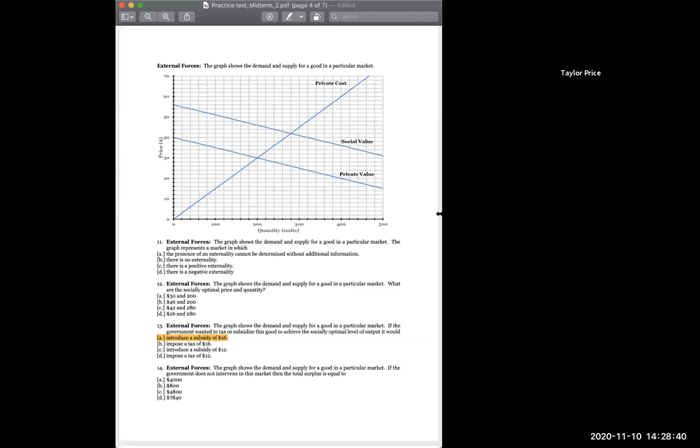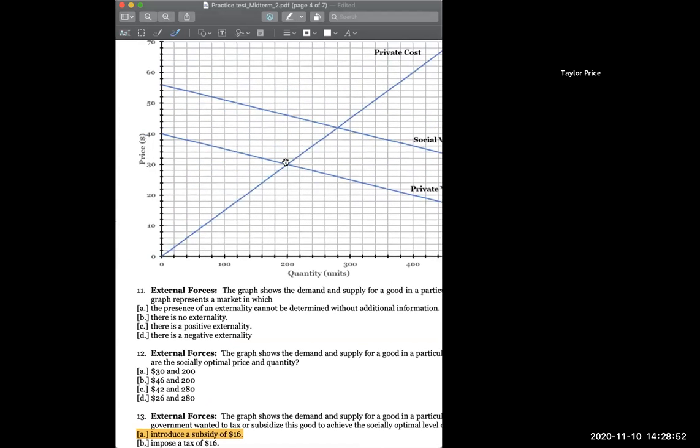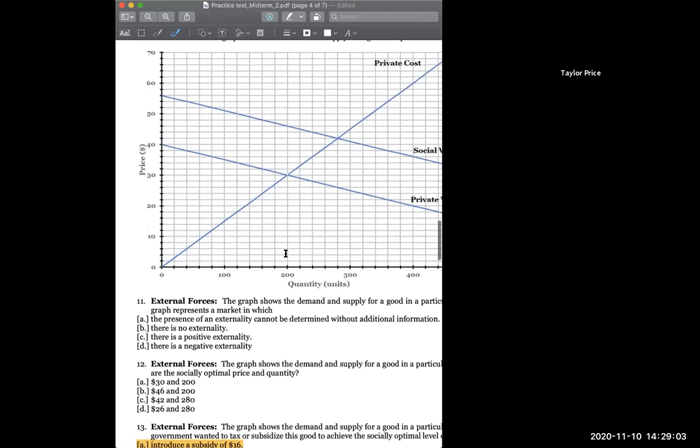So you can think of the point right here as being the point where the normal equilibrium is going to be. The normal equilibrium is the intersection of 30 for price and 200 for quantity.